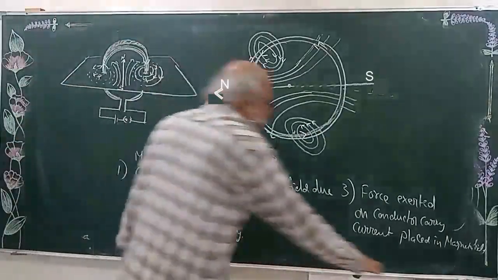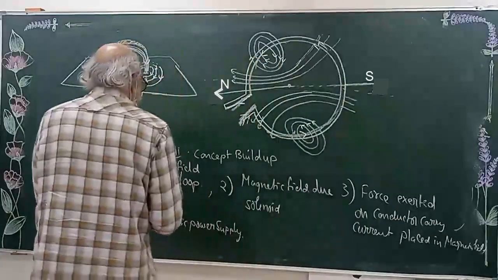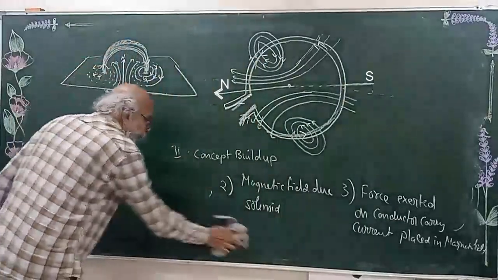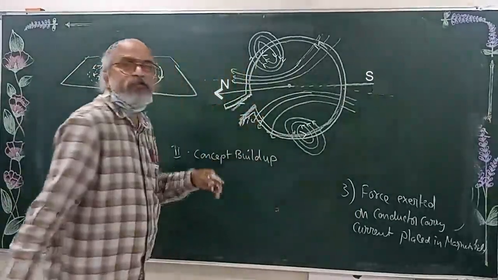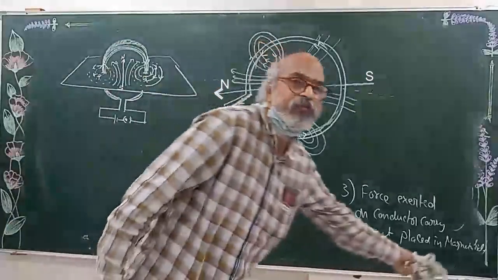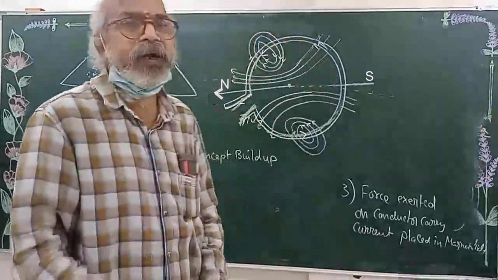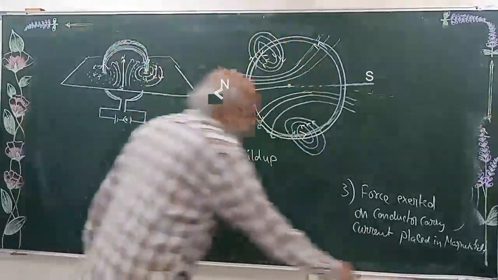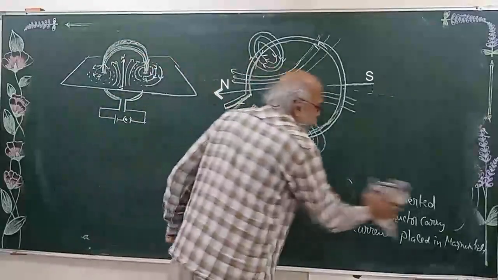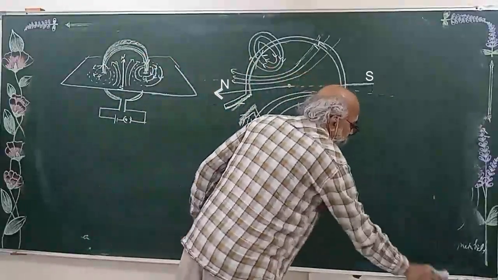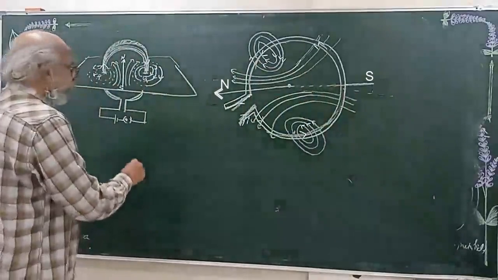After that, let us go to the important aspect. If n loops are there, the field will be made n times. That point also should be made clear. Now the second point is the solenoid. You know, a solenoid is a helical structure of a circular coil.